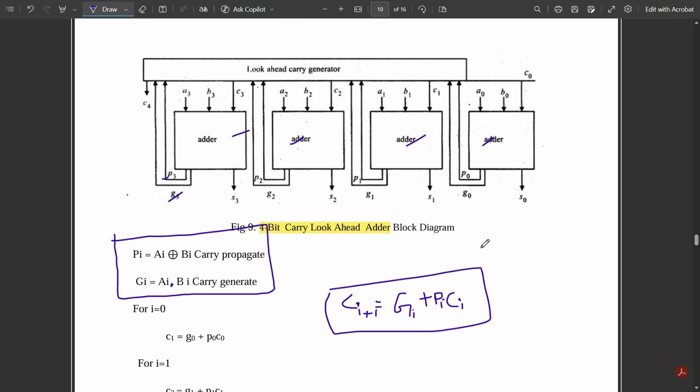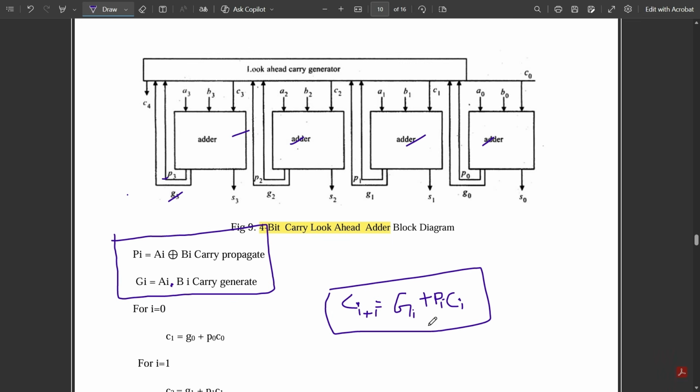This is very important. That is C of i plus 1 is equal to G of i plus P of i into C of i. Here in this stage, whatever the values of P naught and G naught you get, you should be substituting them in this equation, so that you would be getting the new stage carry for the next adder, that is C1.